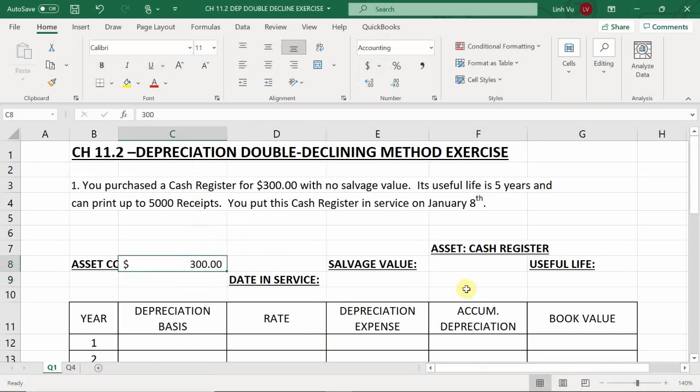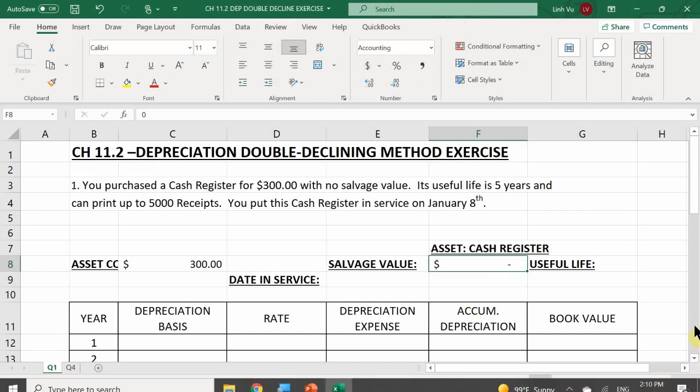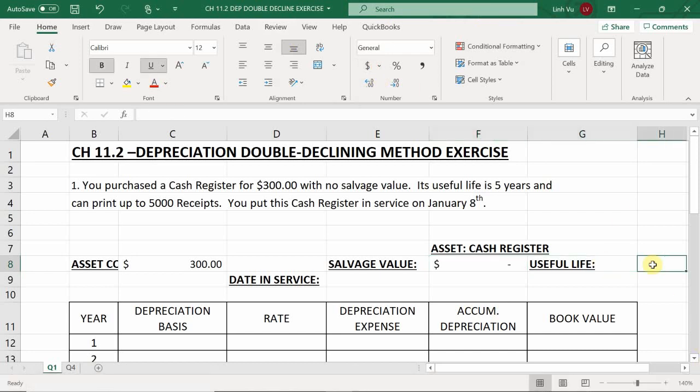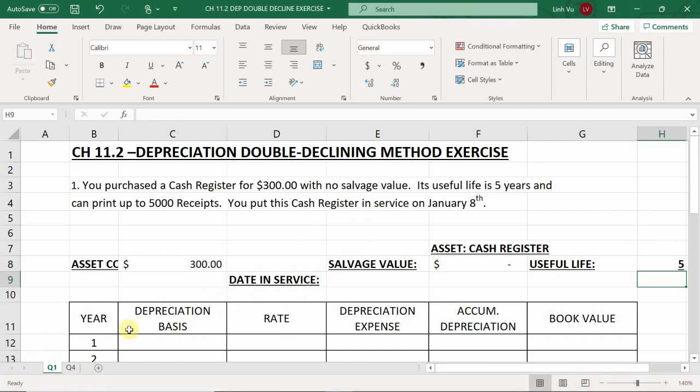What was the salvage value? 0. No salvage value. What's the estimated useful life of this machine? 5 years. And what was the date that we placed it into service? January 8th. So what does that tell us?